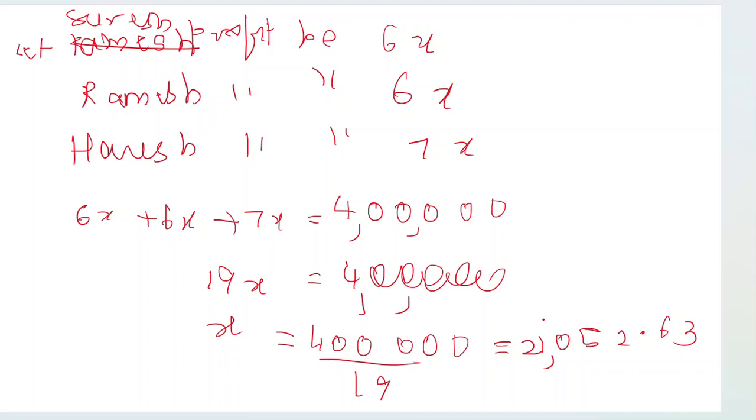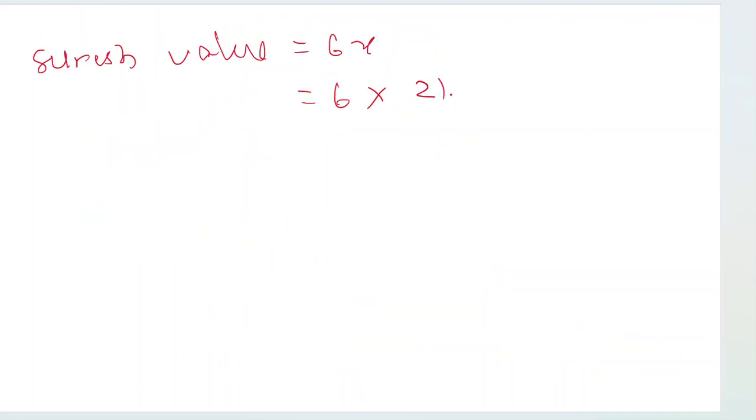To get Suresh's value, which was nothing but 6x, multiply 6 with the x that we found, that is 21,052.63. This answer will come out to be 126,315.7.